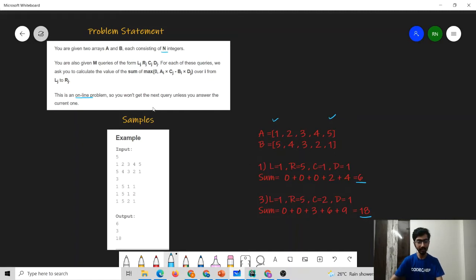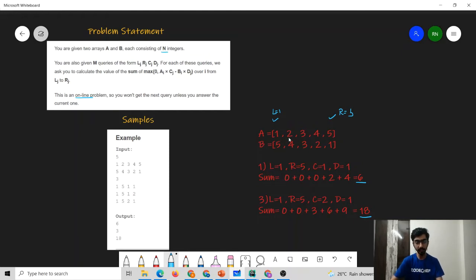So we have to find the summation of ai times Cj minus bi times Dj for all the i from L equal to 1 to R equal to 5. For i equal to 1, C into A minus B into D will be 1 into 1 minus 1 into 5, which is minus 4. Since the value is lesser than 0, we do not take its contribution.